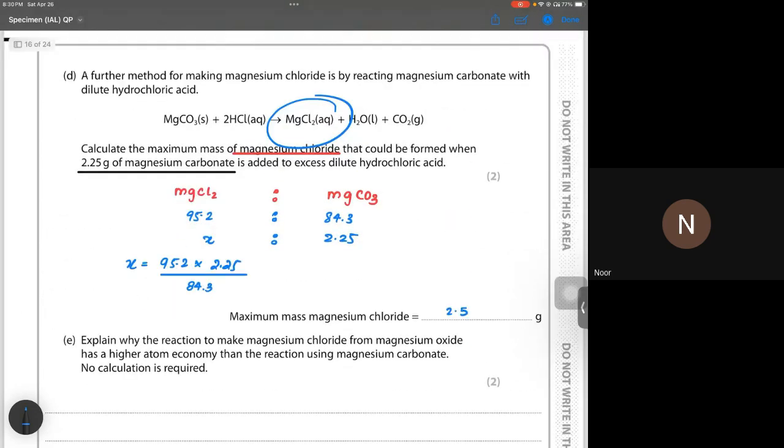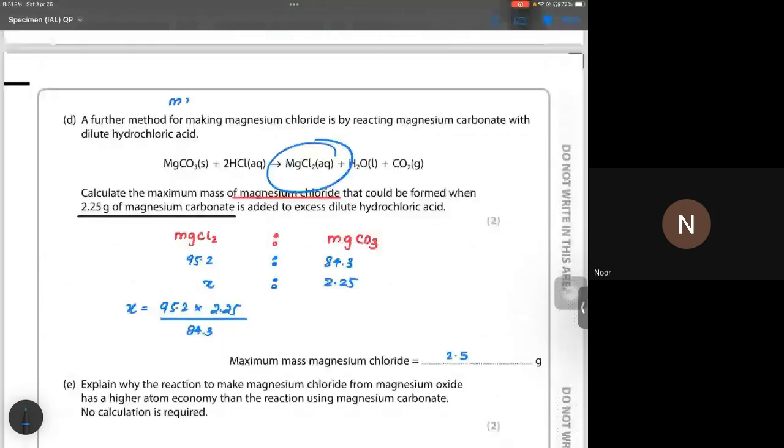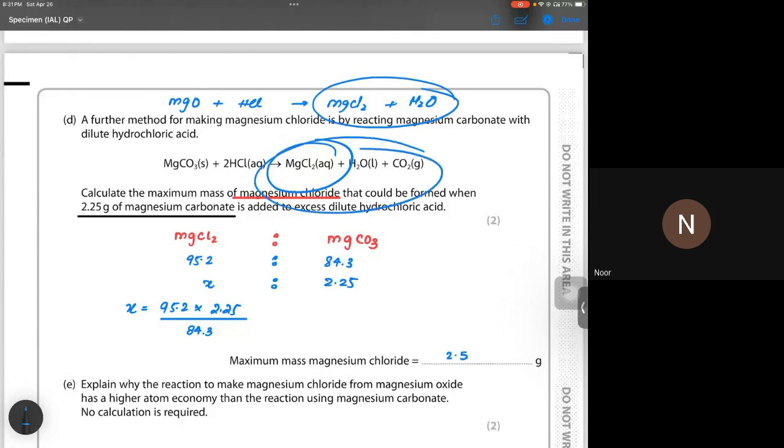If I would be doing this equation in this manner, MgO plus HCl would be giving us magnesium chloride and water. It has only two products, while the carbonate reaction has three products. Of course, what's the formula for the atom economy? The required mass divided by the total mass of the product multiplied by 100.